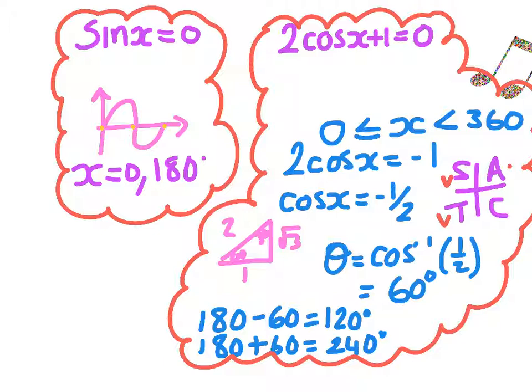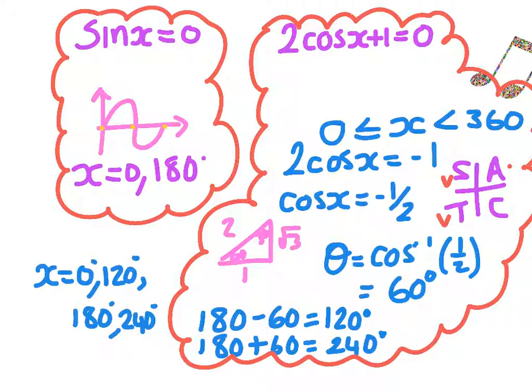And so then we'll just summarise and bring that all together. X can be 0, it can be 120, it can be 180, or it can be 240. So we have 4 solutions for this question.